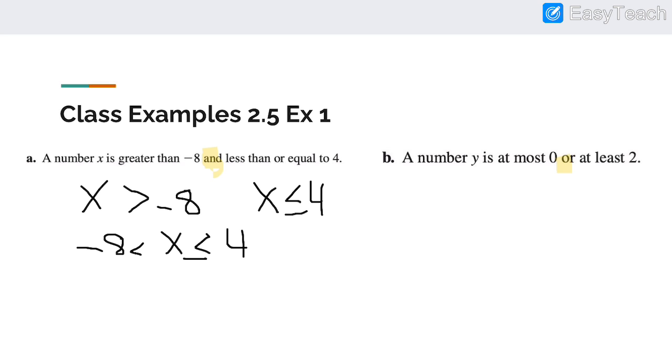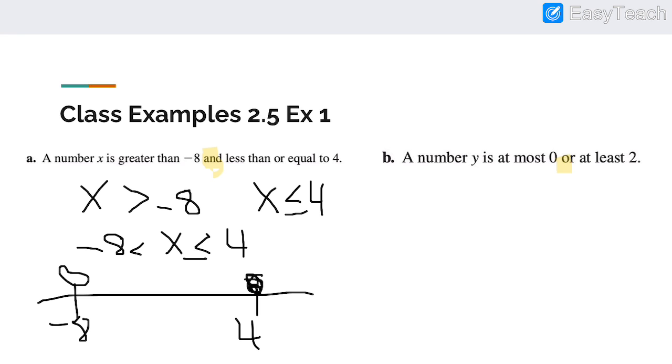We would graph this on your number line by having your dots at -8 and 4. You would have to have a closed circle on the right one, whereas on the left one you'd have an open circle, and then you would be drawing the lines in between. For the right one, number y is at most 0 or is at least 2. So at most 0 means y can be up to but not more than 0.